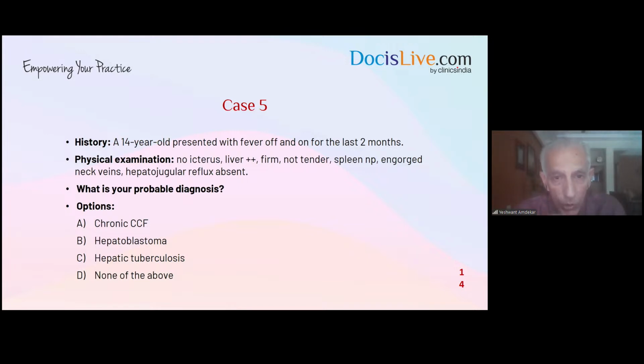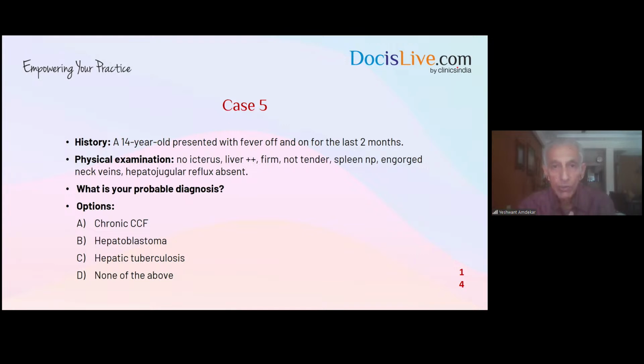Friends, that low-grade fever off and on is tuberculosis, yes. But the tubercle is in the pericardium and the constriction caused by the pericardium is obstructing the superior vena cava, inferior vena cava. It's causing hepatomegaly and causing engorged neck veins because of superior vena cava obstruction.